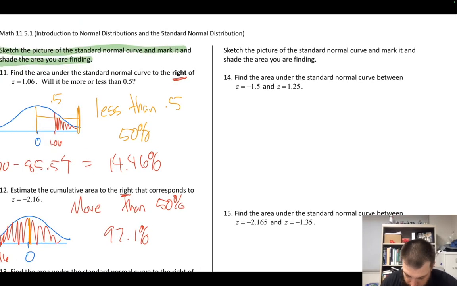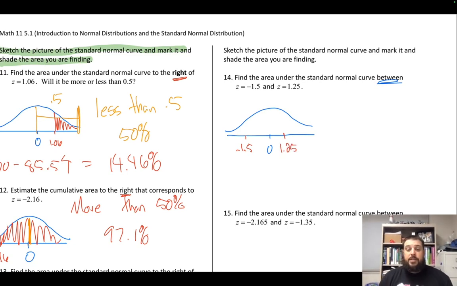All right, so let's look at our next one here. Find the area under the standard normal curve between, okay, so it's going to be between two values now. So there's my 0, there's my negative 1.5, there's my positive 1.25. And what we're going to do is treat these as individual problems, and then we'll talk about what we do from there, right?